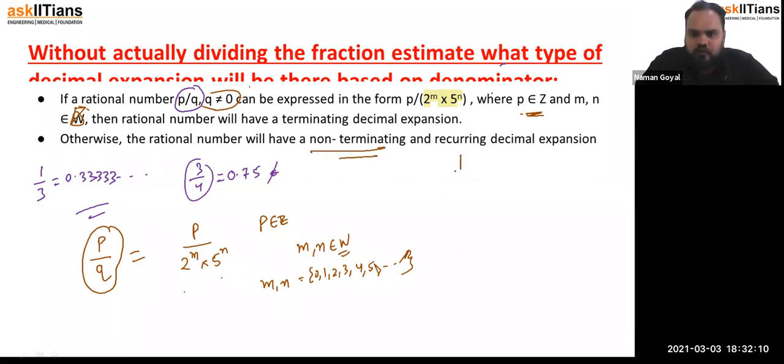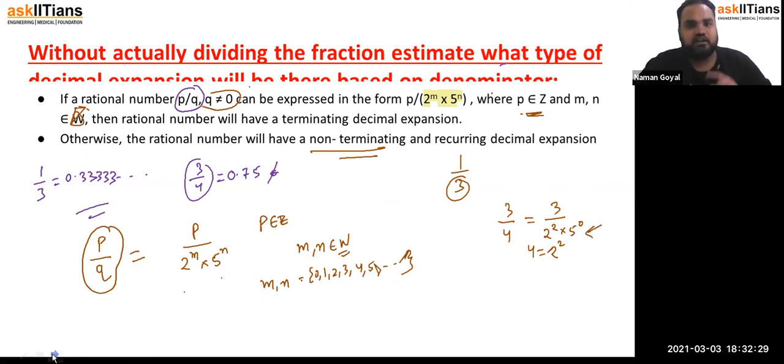Now for 1/3 we cannot write 3 in the form of 2 raised to power something or 5 raised to power something, but for 3 by 4, 4 can be written as 2 square. So this number can be written as 3 upon 2 square into 5 raised to power 0. So yes, this is a terminating decimal number. Are you getting my point?